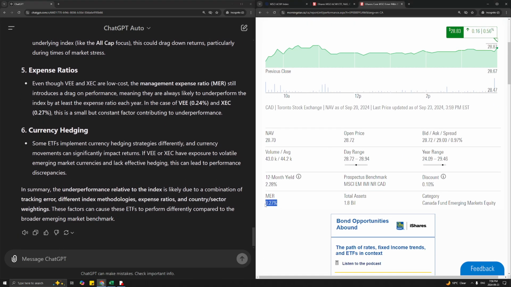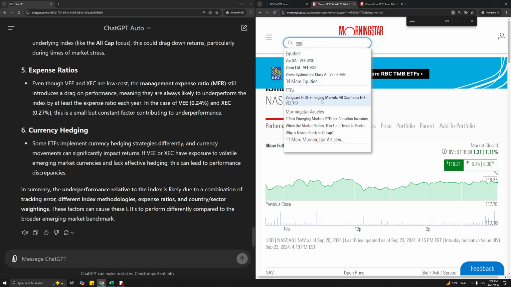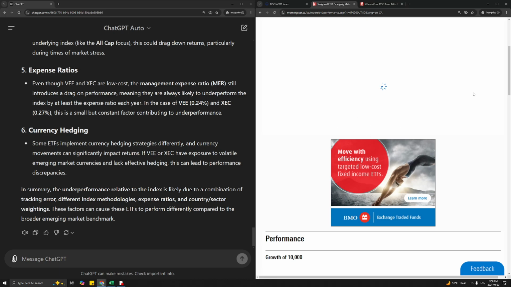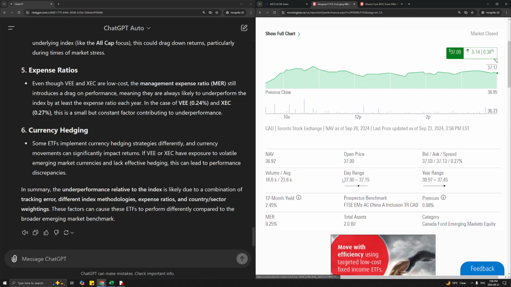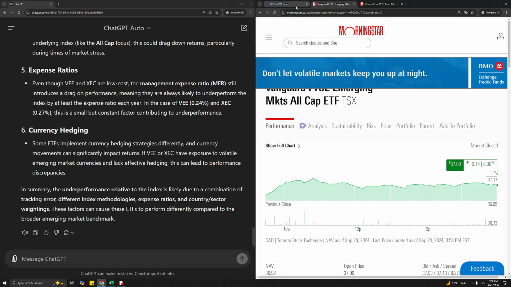XEC has an MER of 27 basis points, VE had 25, so I'm going to go with the cheaper one. I'm cheap, by 0.2 basis points.